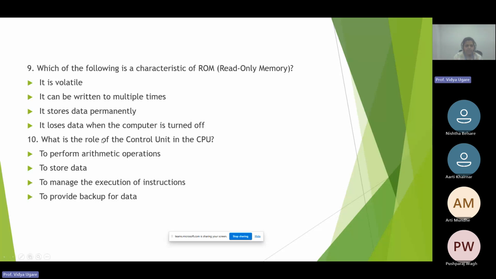Now, what is the role of a control unit in the CPU? To perform arithmetic operations, to store data, to manage the execution of an instruction, to provide backup for data.